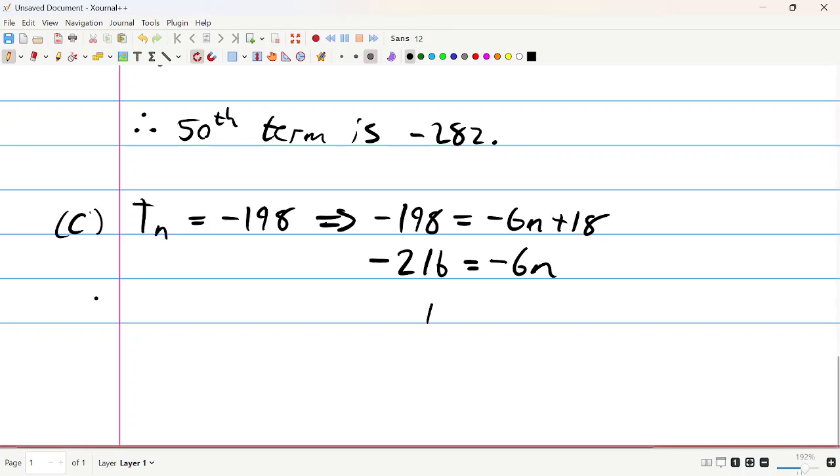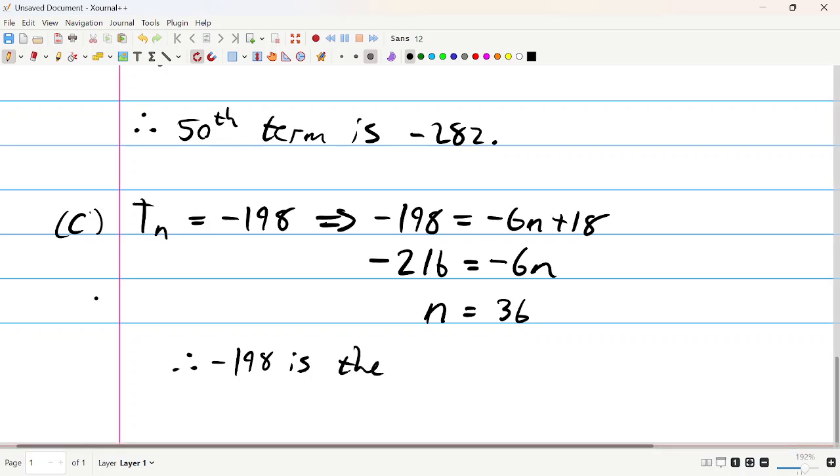Then we should be able to get n is equal to 36. So therefore the answer will be negative 198 is the 36th term of the sequence.